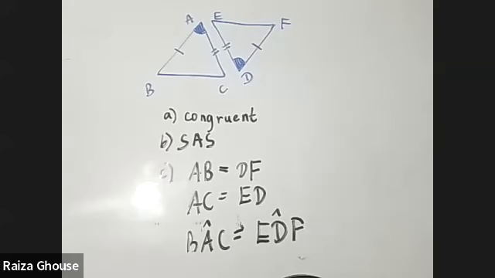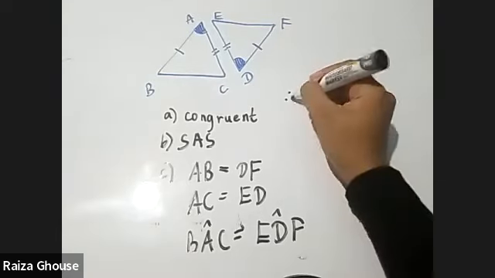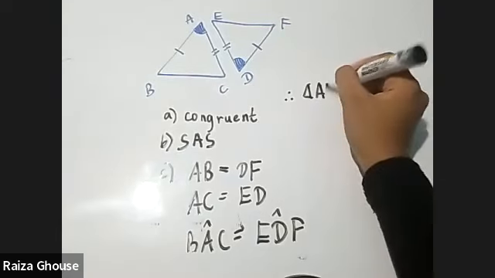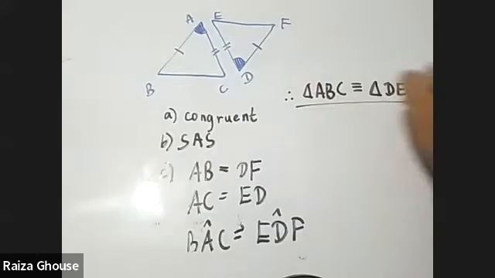Teacher, at last should we write ABC congruent to DEF with the symbol? That one also I'll teach you. You can write therefore triangle ABC congruent to triangle DEF. This is how you write the final answer.